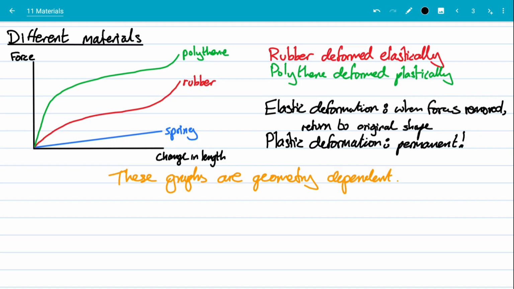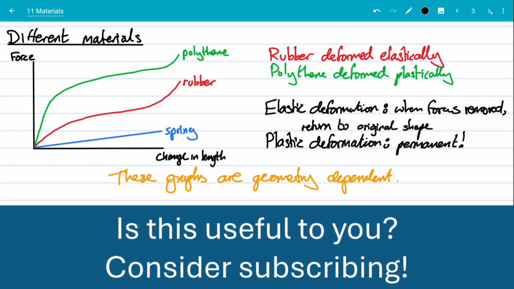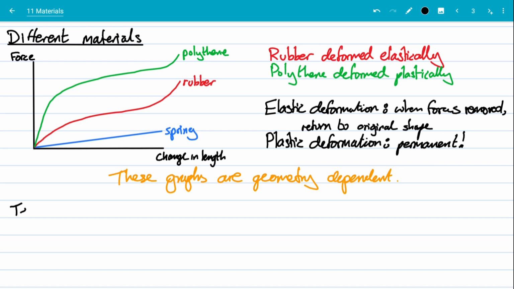And that leads us on to stress and strain, particularly tensile. We'll talk about stretching, so we'll talk about tensile stress and tensile strain. We could be talking about compressive stress and compressive strain.